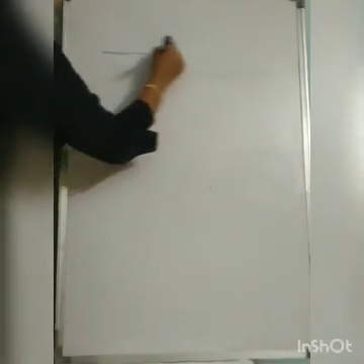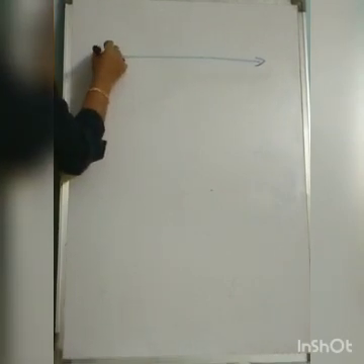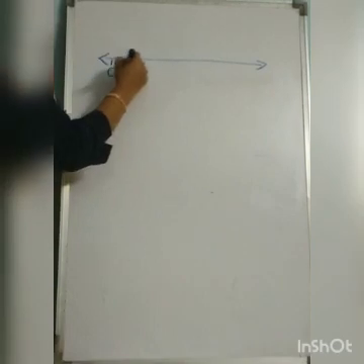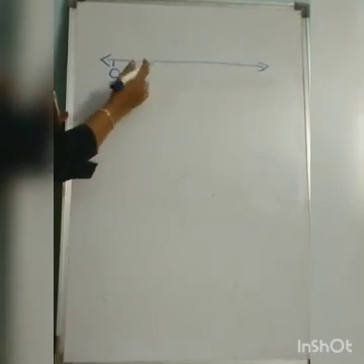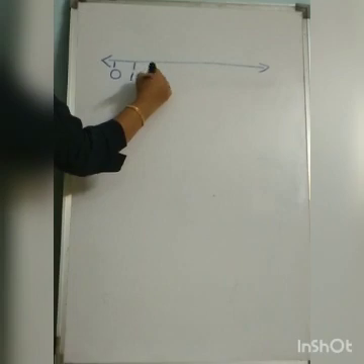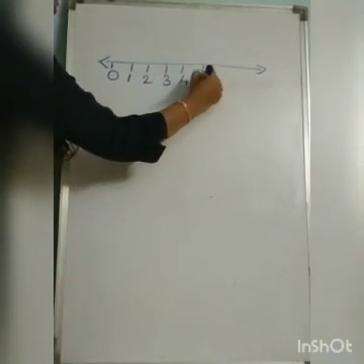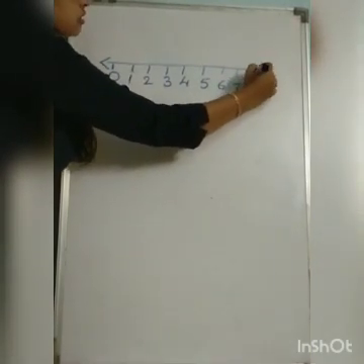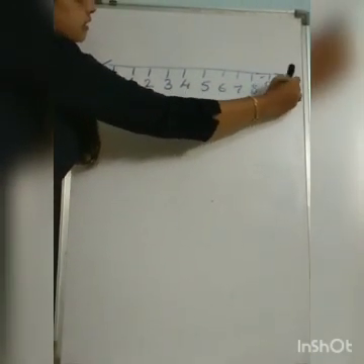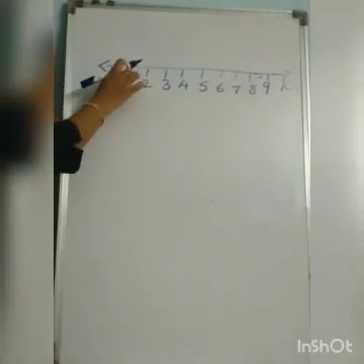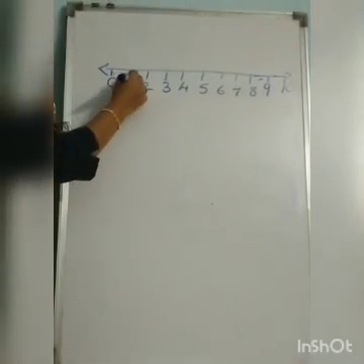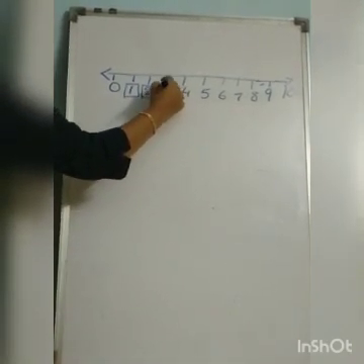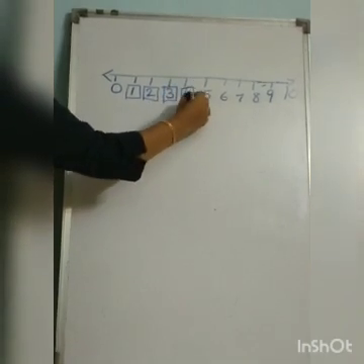When we go forward, the number values increase. With the help of a number line, we learn number values. 4, 5, 6, 7, 8, 9, 10. 1 is smaller than 2. 3 is smaller than 4.